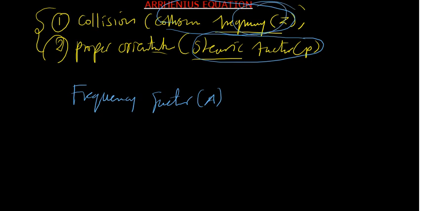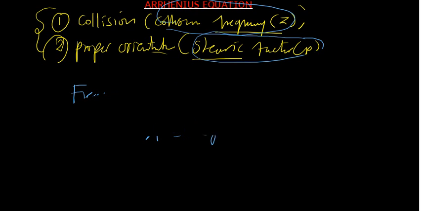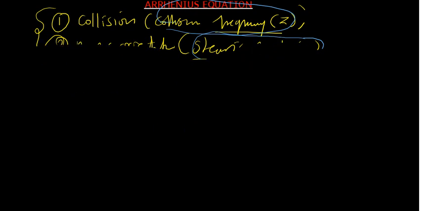It's just a combination of these two. And so the frequency factor is given by ZP, that is the collision frequency times the steric factor. Now using this, we can determine the Arrhenius equation from this.